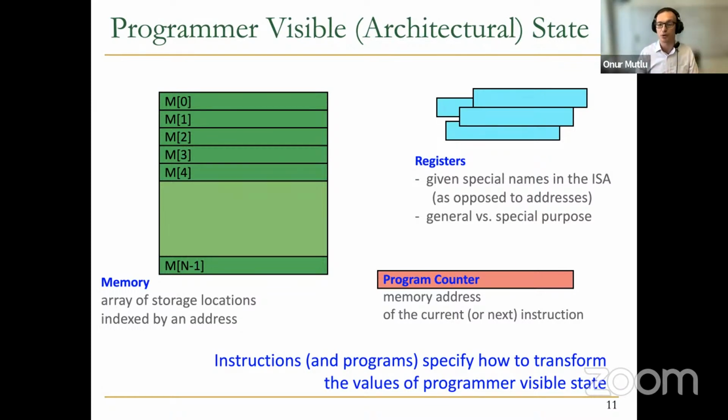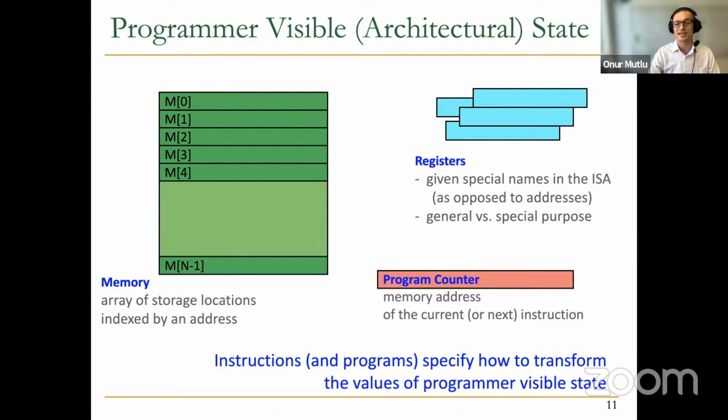These are things the programmer can modify, and there's a contract between the hardware and the programmer, which is the ISA, that specifies how these things can be modified using instructions. Instructions specify how to transform this programmer visible state to some next state, by doing updates based on each instruction. Hopefully this is clear also.